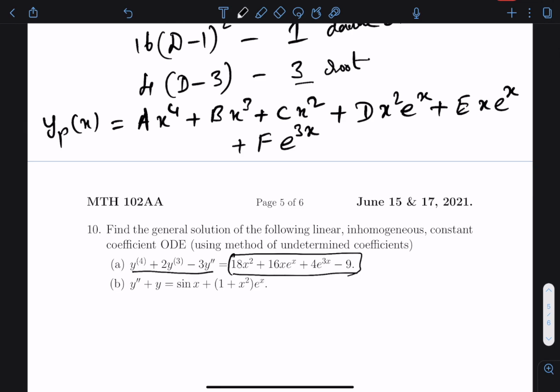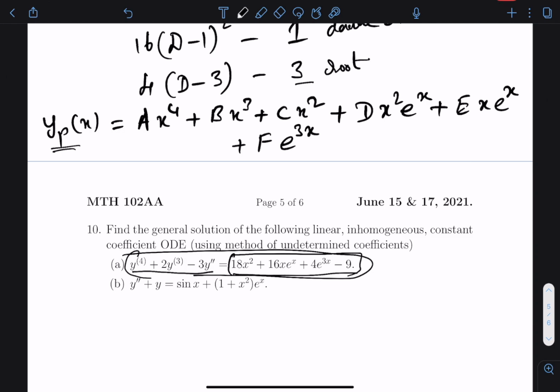So if we determine the parameters a, b, c, d, e, f, then we are done. So what you do, you differentiate yp, because you want yp to satisfy the given differential equation. So you differentiate up to 4 times, plug it in there and equate the coefficients.